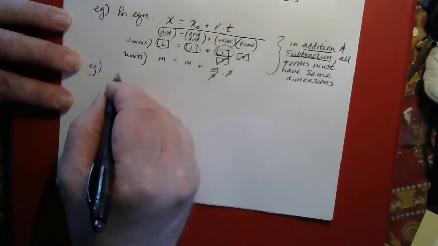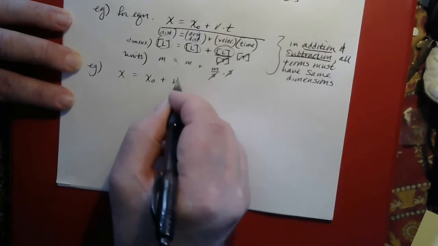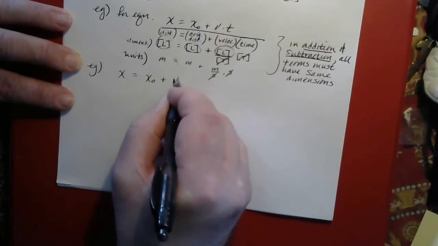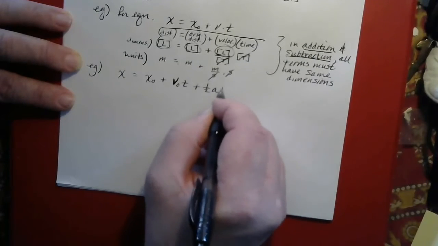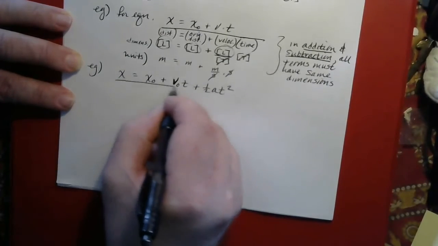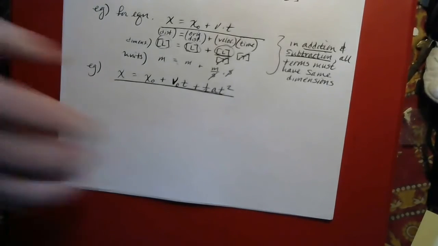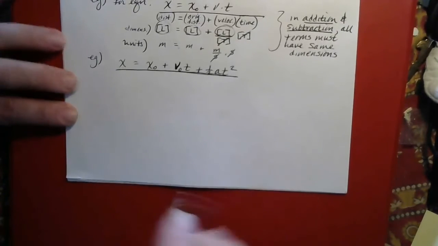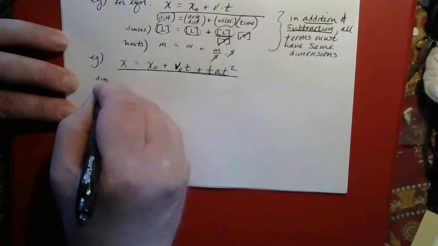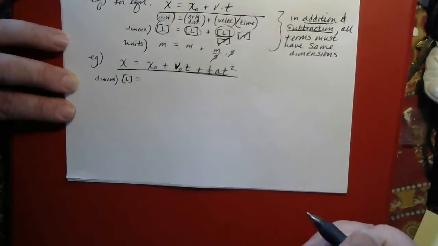For a somewhat longer equation, X equals X original plus the original velocity times time plus 1/2 acceleration times time squared. You can look at that and make sure that you have the same dimensions. So in terms of dimensions, X, again, is a position or a distance, so that would be units of length.